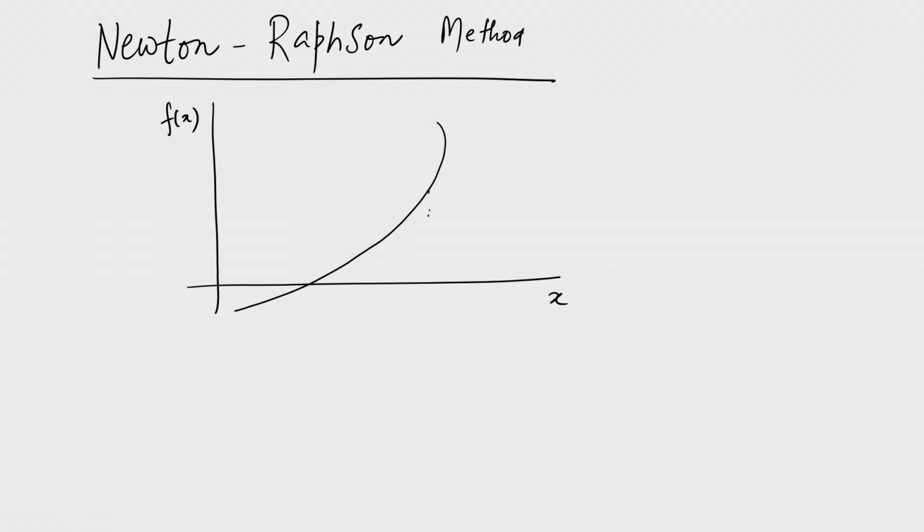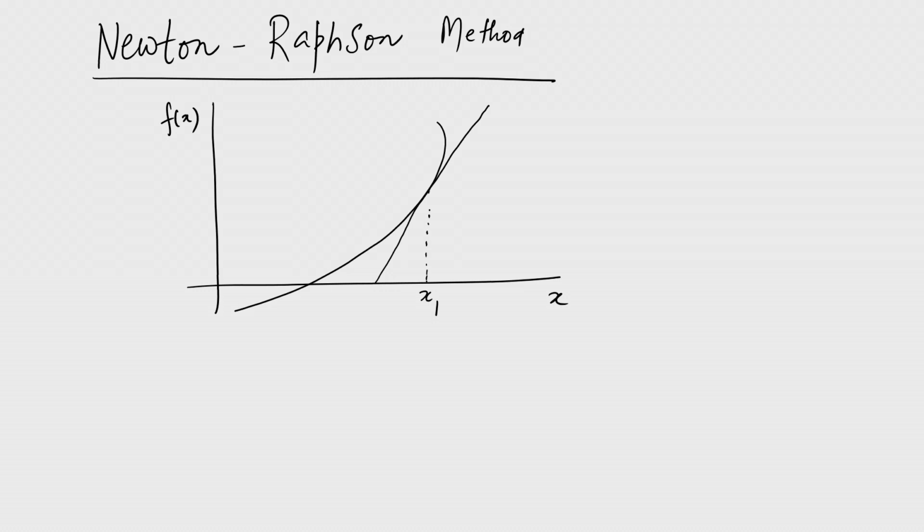Let us take a value and call it x 1, that is the guess value, and what it requires is that you draw the tangent at this point. Not a very good tangent, but that is just a freehand drawing.